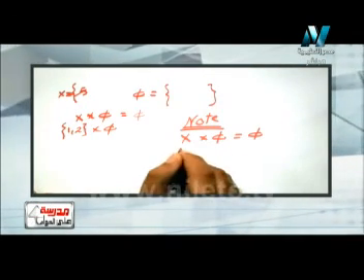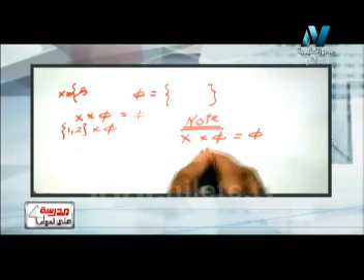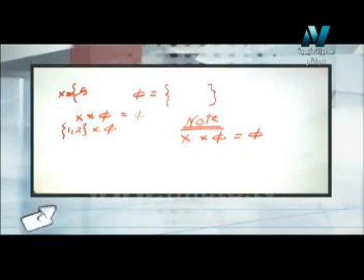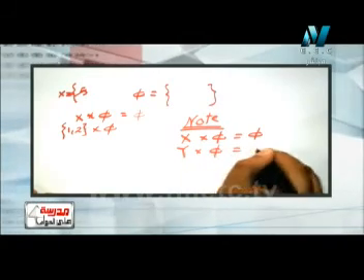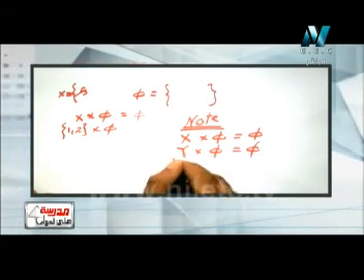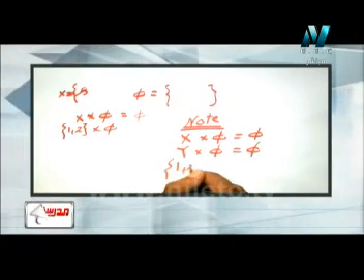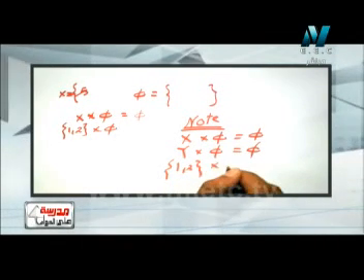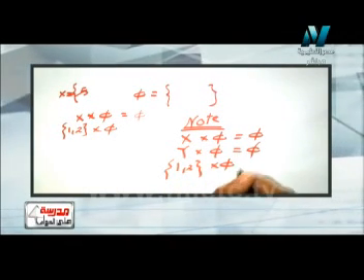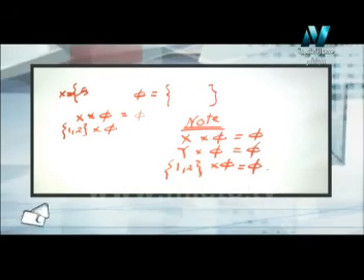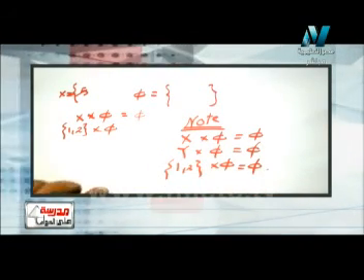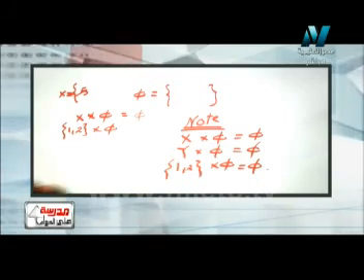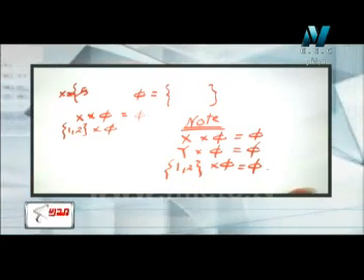Is it only x? No, any set product phi equals phi. If I say y product phi equals phi. Another one, 1 and 2 product phi equals phi. So x product phi equals phi. We can put here any set product phi equals phi.